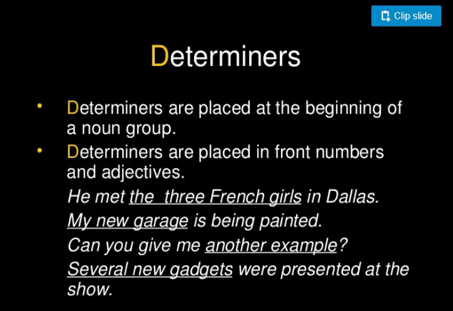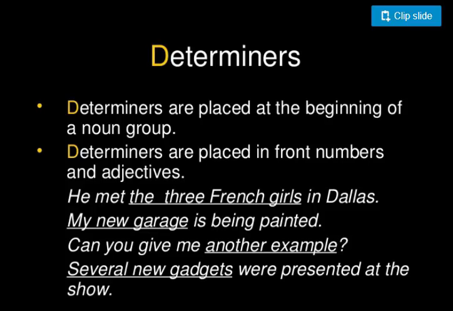The first word of the noun group is a determiner, placed in front of numbers and adjectives. Determiners always come whenever you use numbers or adjectives in a noun phrase or noun group. In this example: he met the three French girls in Dallas.